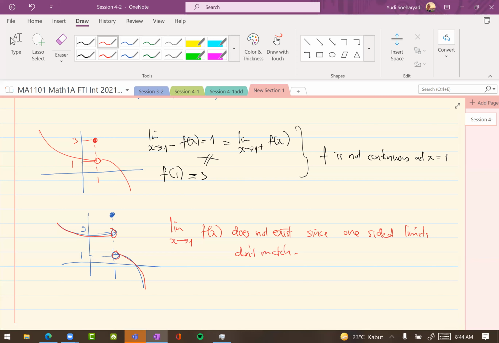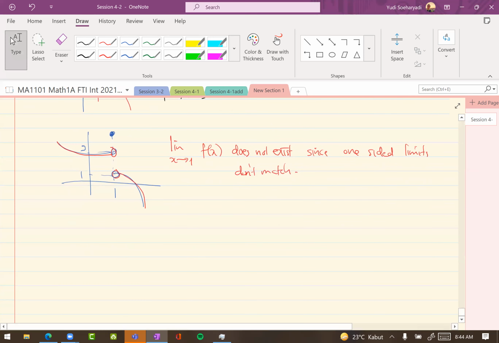And what else? Continuity. So what classes of functions are continuous?